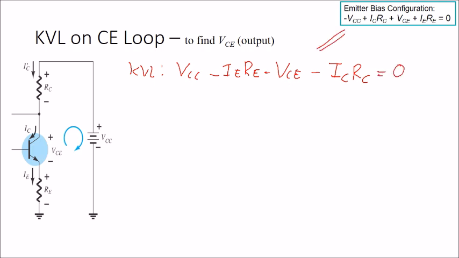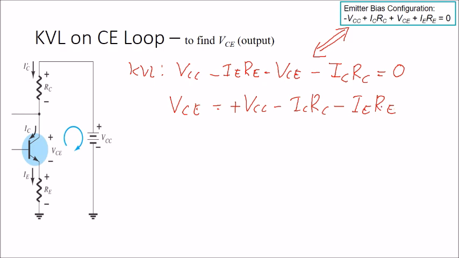Actually this equation is the same as the emitter bias configuration. Usually in the CE loop we are going to find the value of VCE. So VCE is equal to VCC minus IC RC, and then minus IE RE.